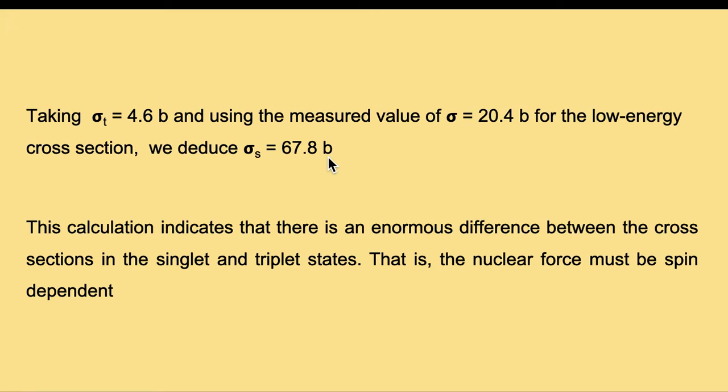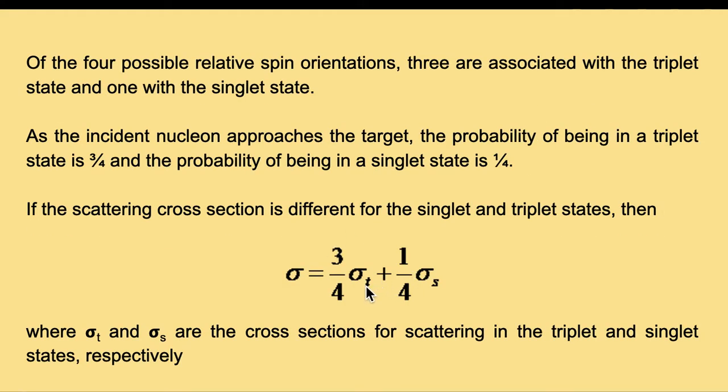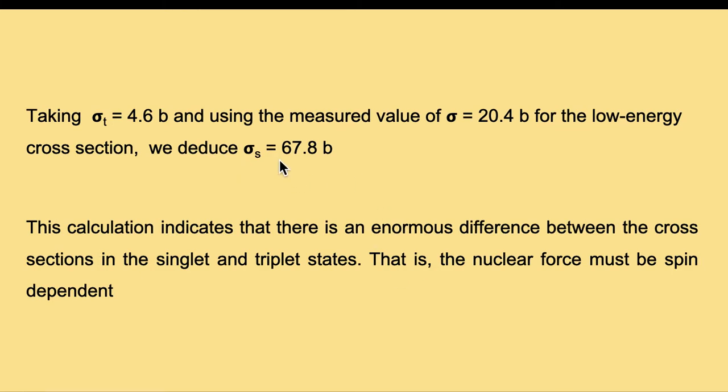Actually, in this equation you substitute sigma t and sigma, and based on the calculations you get sigma s as a very large value, 67.8. This calculation indicates that there is an enormous difference between the cross sections in singlet and triplet states. That is, the nuclear force must be spin dependent.